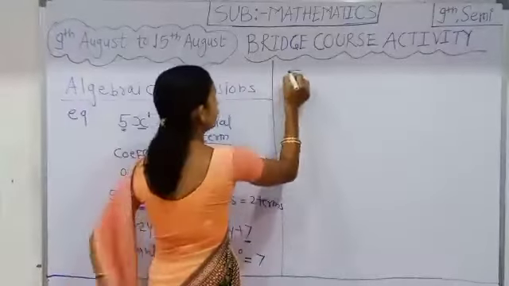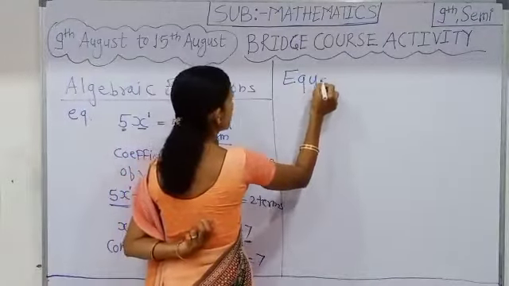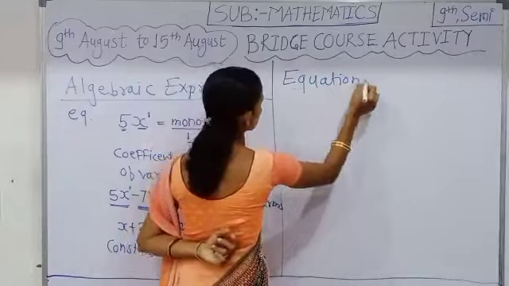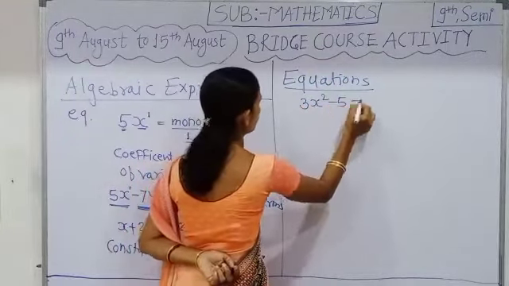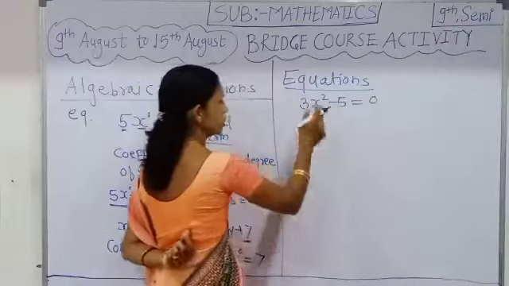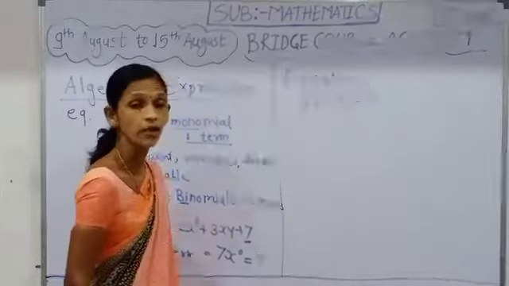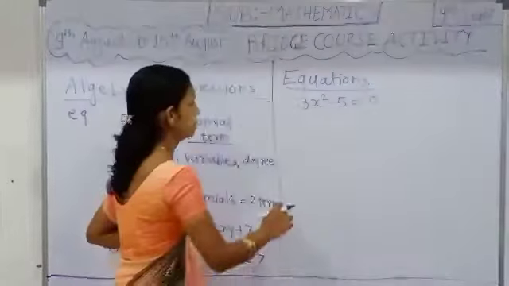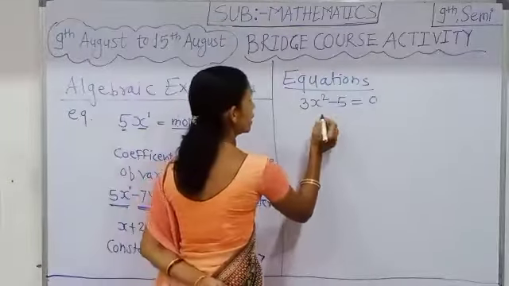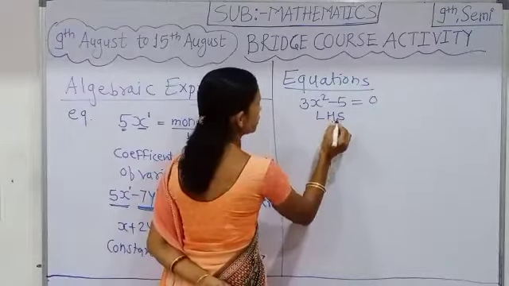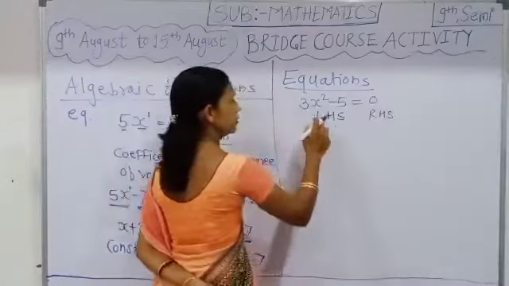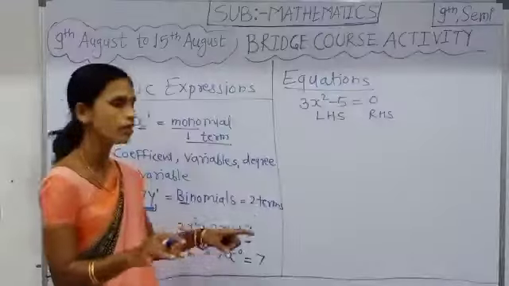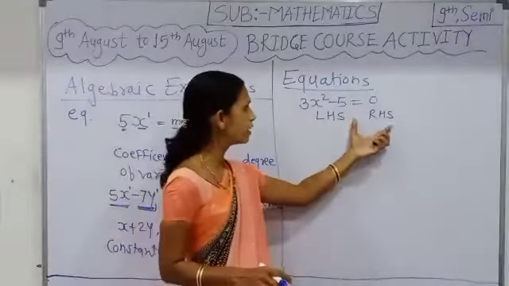One more concept is equations. One example of it is 3x square minus 5 is equal to 0. That is an example of an equation. Here there are two sides, the left hand side and the right hand side, and there is always equality between LHS and RHS.